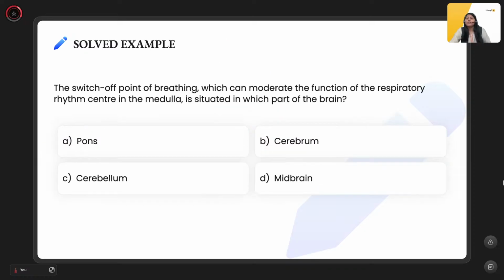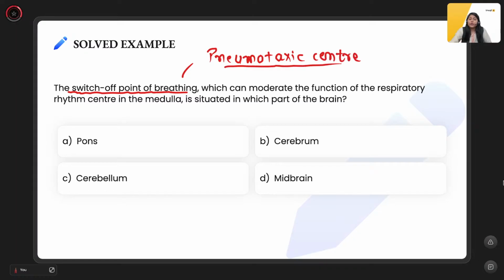Moving on. The switch off point of breathing which can moderate the function of the respiratory rhythm center in the medulla, is situated in which part of the brain? Here you have to understand the switch off point of breathing. It is just another name for the pneumotaxic center. And why is the pneumotaxic center called the switch off point for breathing?